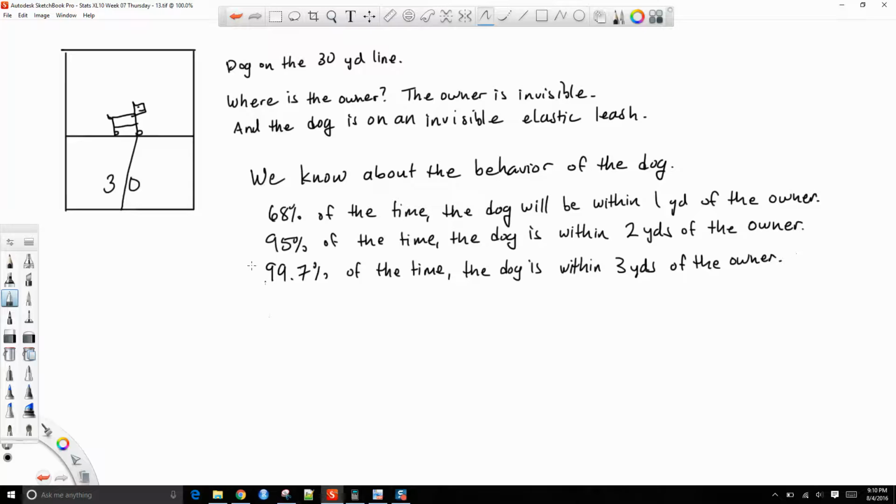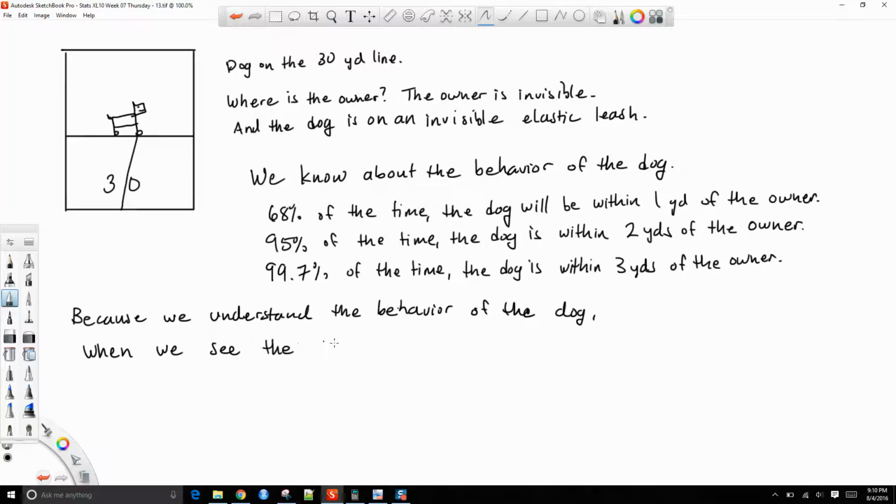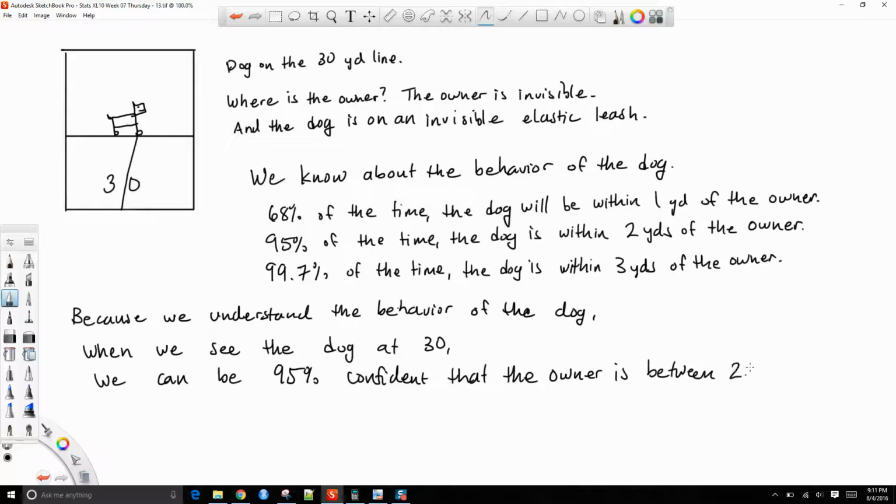Yeah, okay. So because we understand the behavior of the dog, when we see the dog at 30, we can be 95% confident that the owner is between 28 and 32.